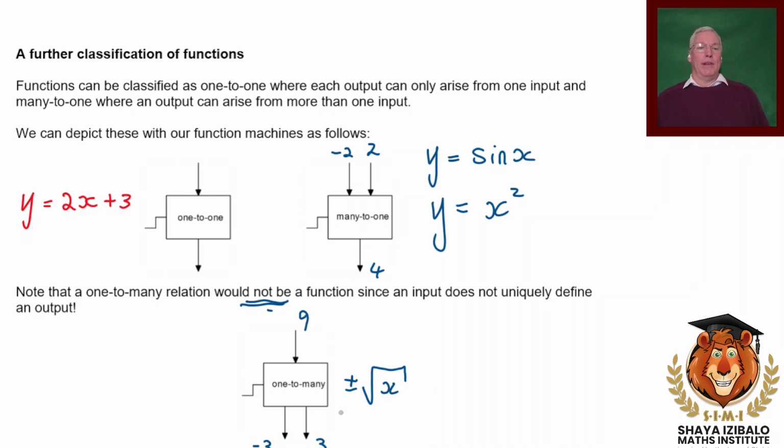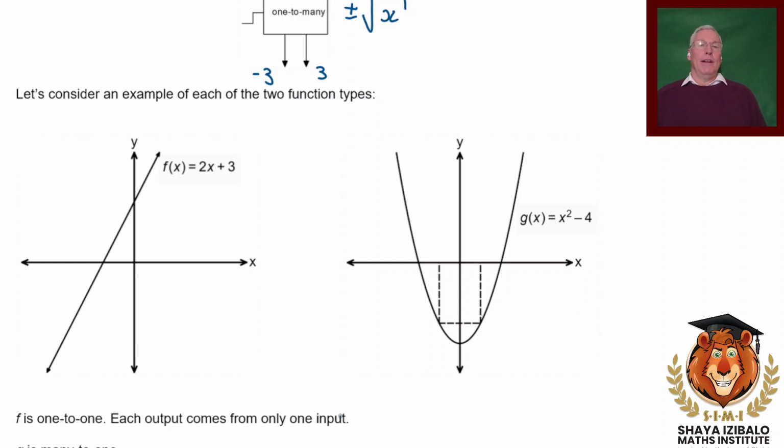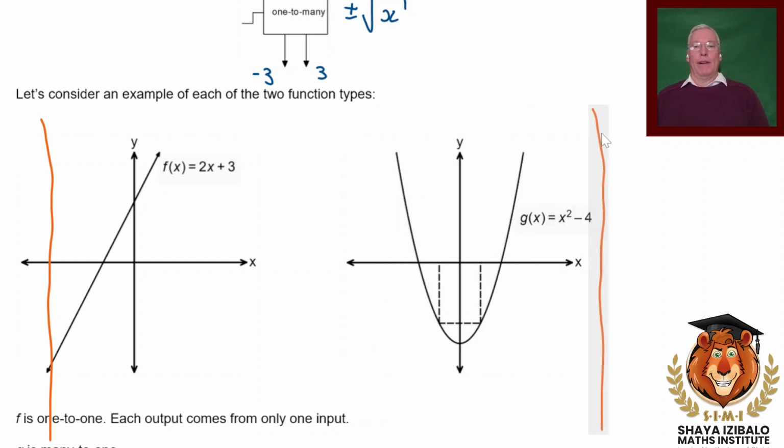Let's look at an example of each. Both of these are functions. Remember, the test is: can we pass a horizontal line over the graph without it touching at more than one point at a time? Yes, both of these are functions.